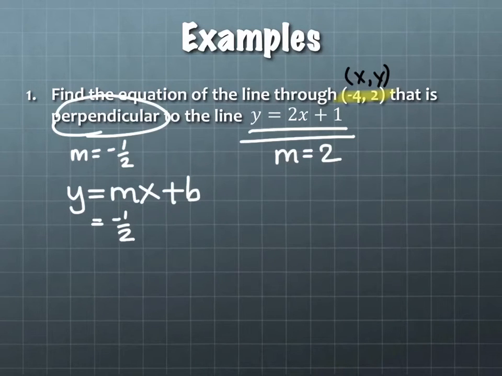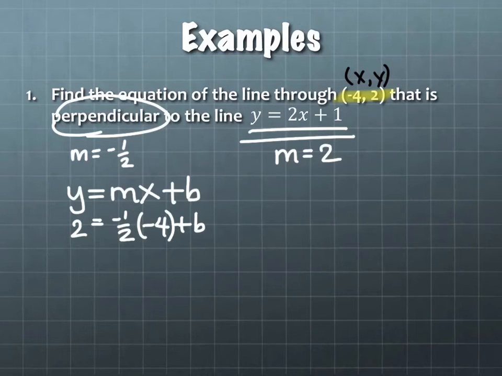Which means one way to do this problem is to plug in the x and the y into this equation and figure out what b is. So y is 2, x is -4, and I can use those pieces of information to solve for b.